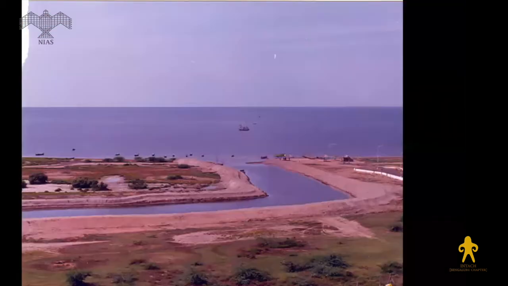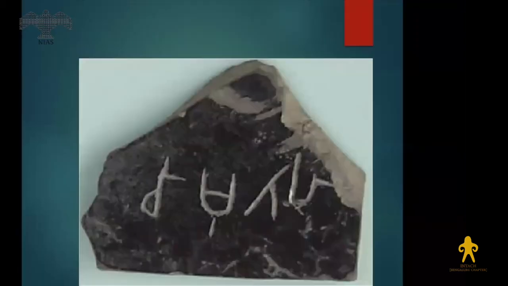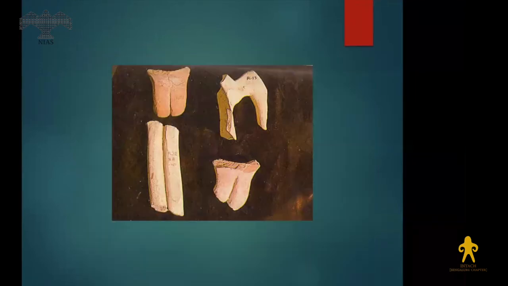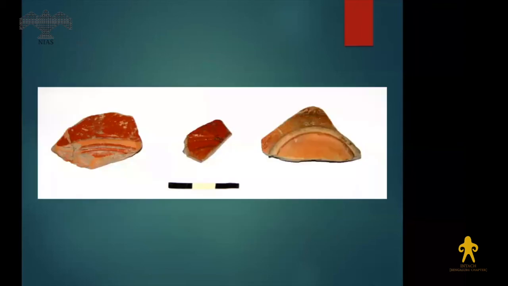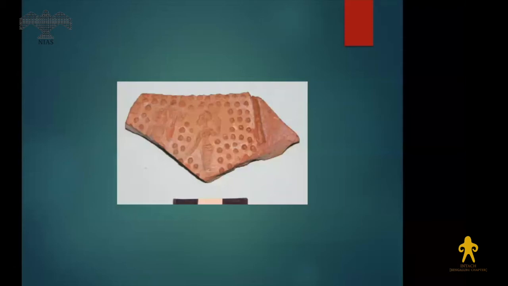And Adahankulam was another important site excavated by state archaeology. Here you find Sri Lankan Brahmi in Sri Lankan Prakrit. It reads as Samutaha. Roman amphora from Adahankulam, coins of Valentinian period from Adahankulam, and the Terra Sigillata. Here you can see, interestingly, a stamped image showing a lady with African features carrying an amphora.